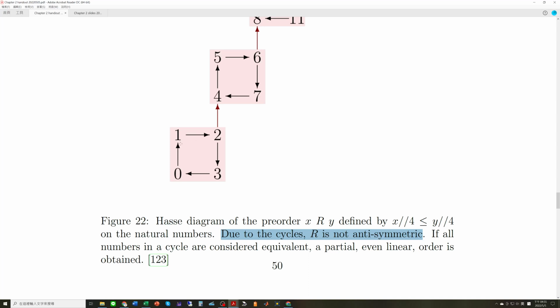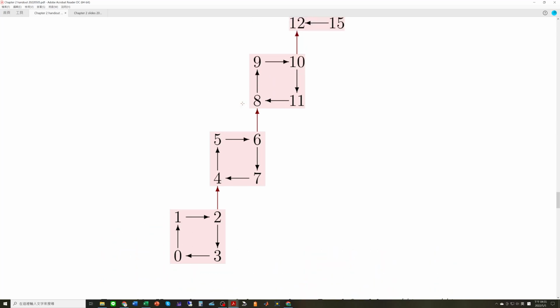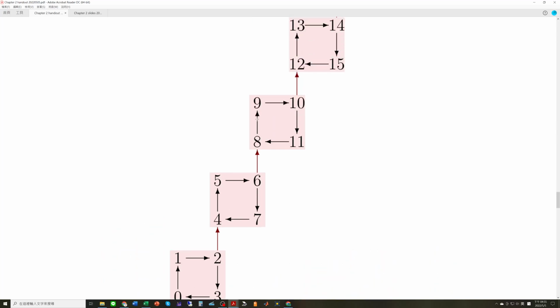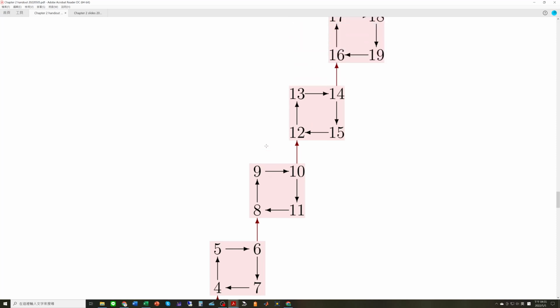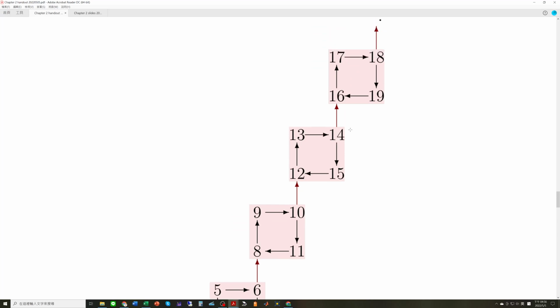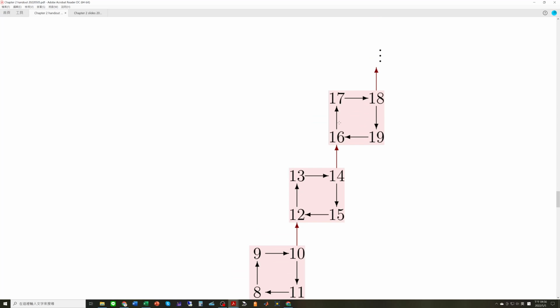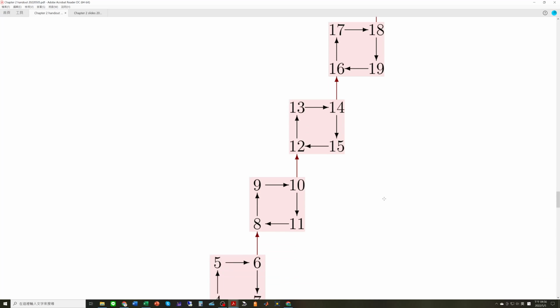Okay, so 0, 1, 2, 3 form a cycle. And 4, 5, 6, 7 is another cycle. And 8, 9, 10, 11 is another cycle. And 12, 13, 14, 15, 12 is another cycle. And 16, 17, 18, 19 is another cycle. Okay, and so on.